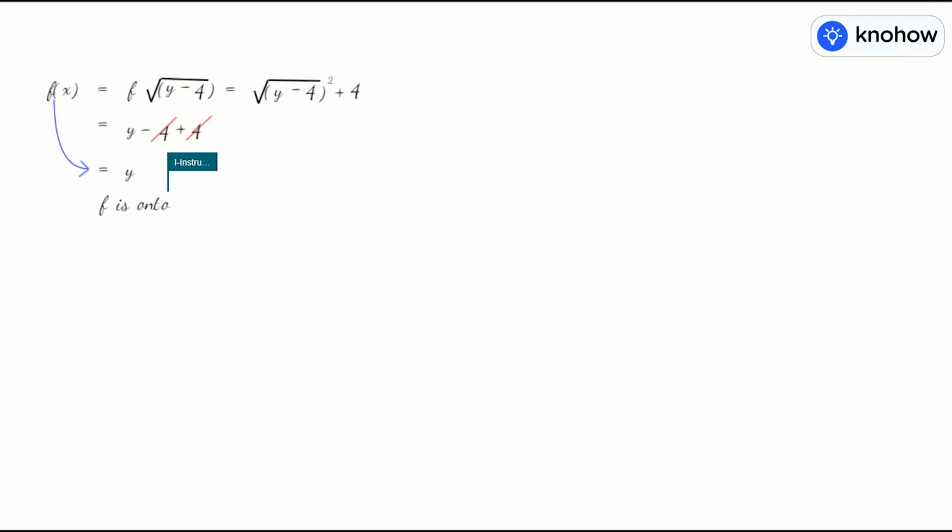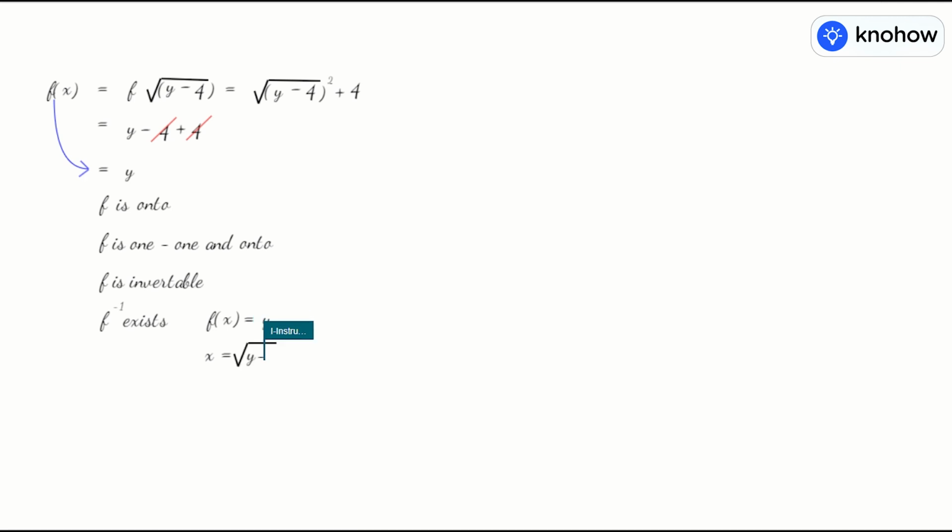So as we have verified that f is one-one and onto, f is invertible. And hence f inverse exists. And we have already worked out that f(x) = y, and the value of x which exists corresponding to y is √(y - 4), for which f(x) = y. So we can say f inverse(y) = √(y - 4).